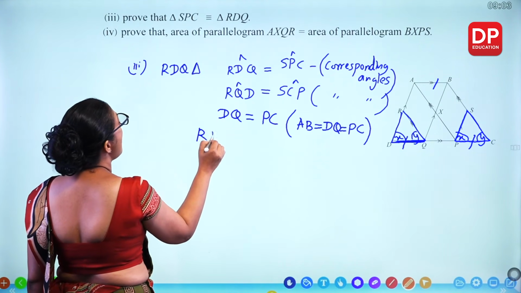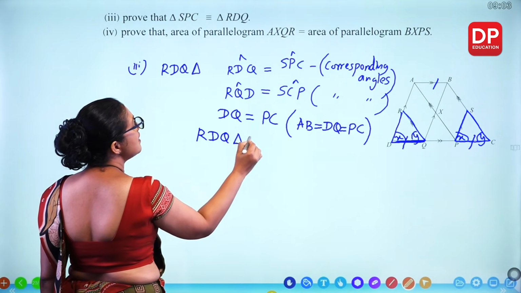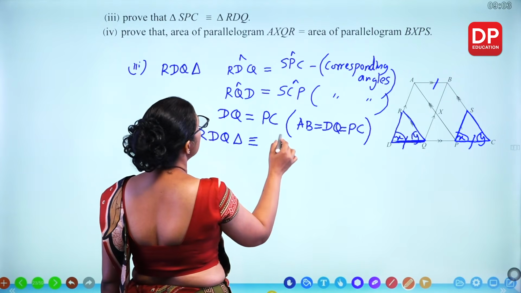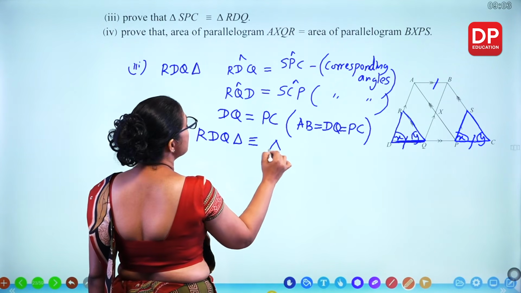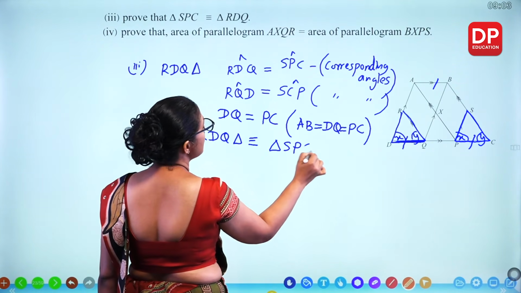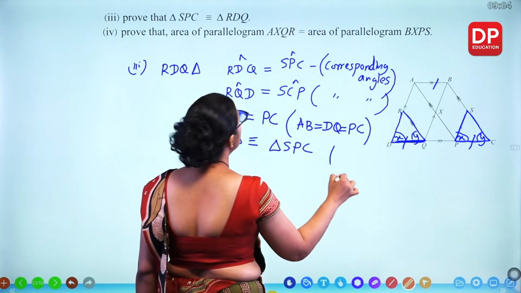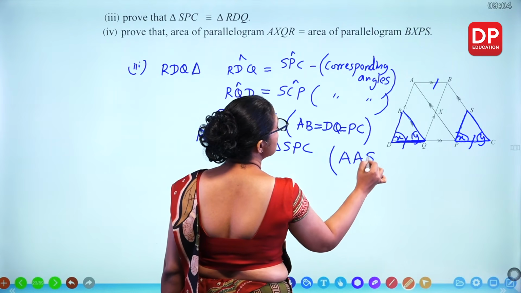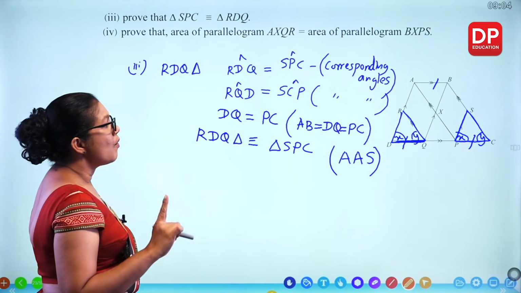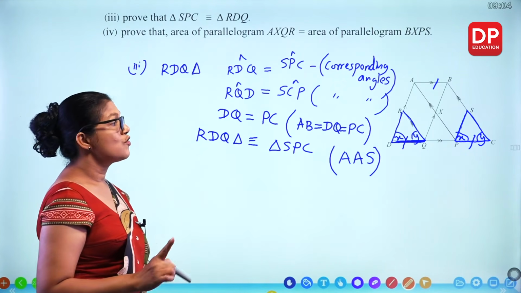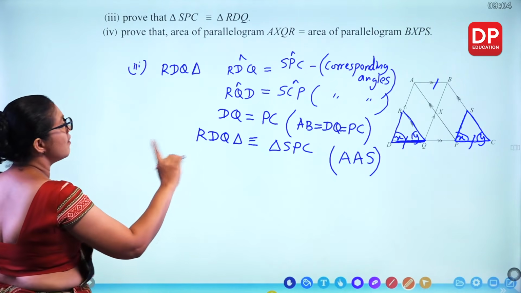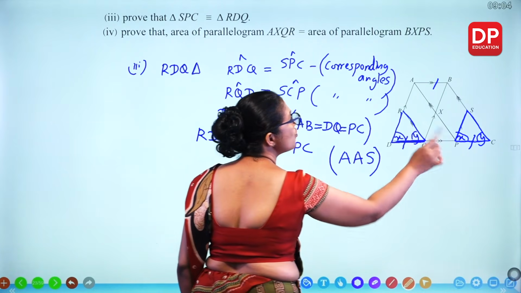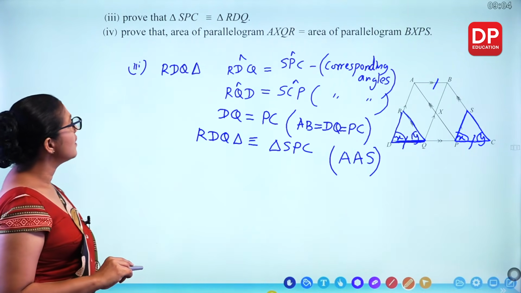We can say triangle RDQ is congruent to, what's the other triangle? Triangle SPC. What's the situation? Angle, angle, side. Now, we know that these two are congruent. What can you say about the area? The areas of these two triangles are equal.